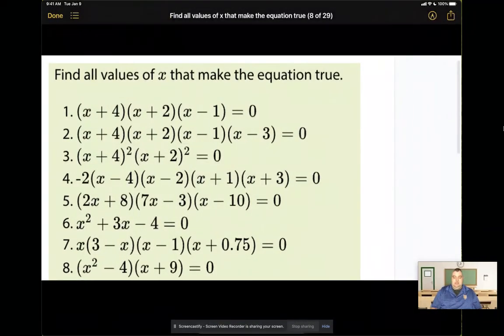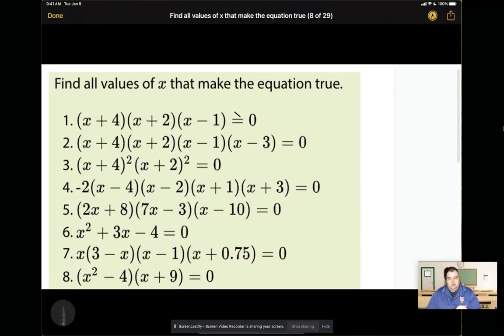Number 7, I have x times 3 minus x times x minus 1 times x plus 0.75 equals 0. Okay, so this one has a couple of interesting things.